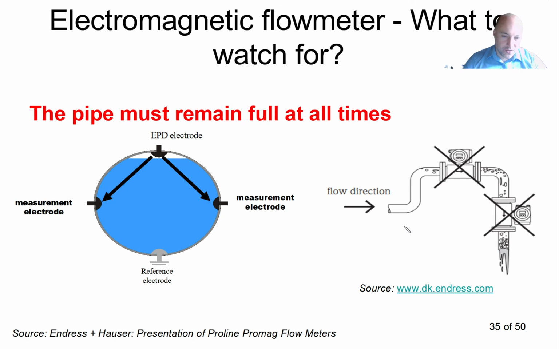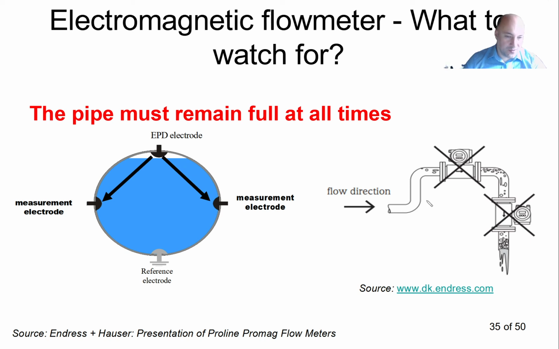So how to install the flow meter? Well, the general condition is that the pipe must remain full at all times. So if we imagine this arrangement, here we have the electrodes from the sides. We have some reference electrodes, but that does not play any major role now. But we can see here that we cannot have a pipe that's only partially full.